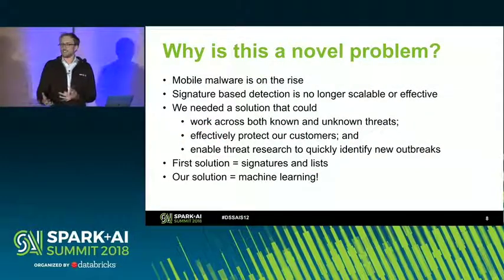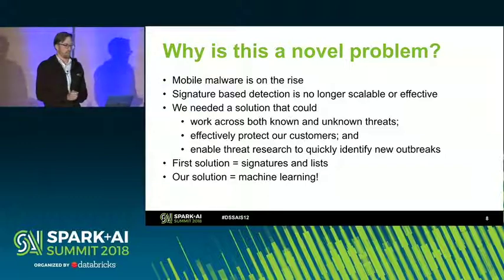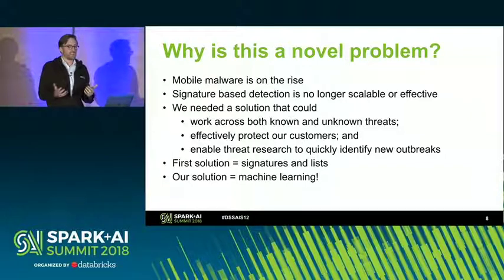So why is this any different to any sort of problem that we've seen in malware on your laptops that we could already argue is solved? Well, as I've already mentioned, mobile malware is on the rise. And that means that standard signature-based detection is no longer scalable or effective. We need a solution that can work across both what we know already and stuff that is new and unknown to the system.